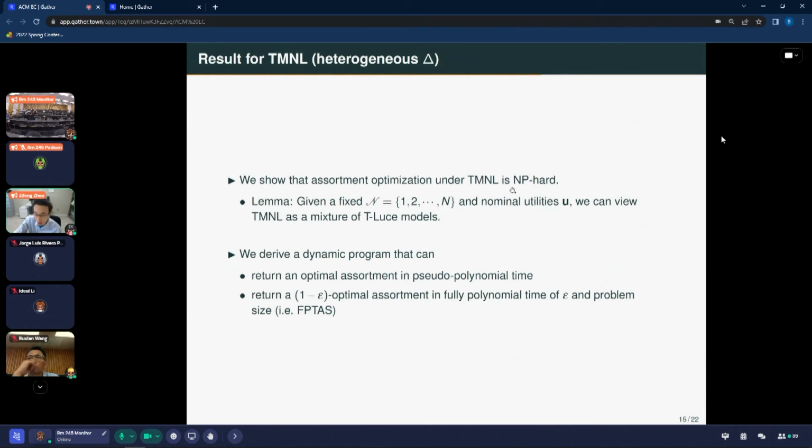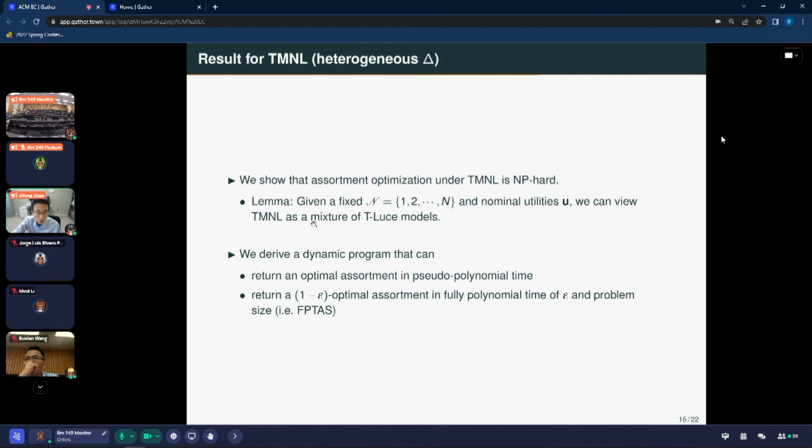An important intermediate step to show this result is the following lemma: once we fix the total number of available items n, and we fix all the nominal utilities u, the TML model can be viewed as a mixture of n-squared T-loose models. And this mixture of T-loose models turns out to be NP-hard to solve.